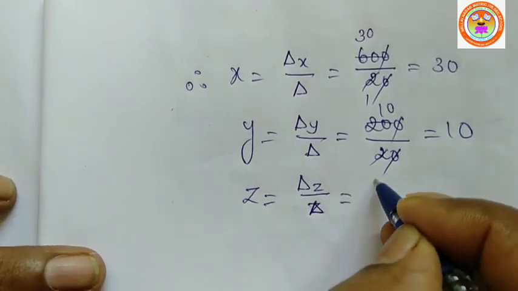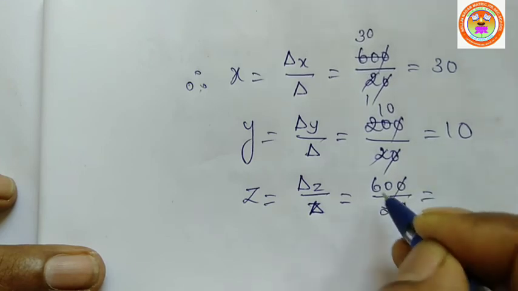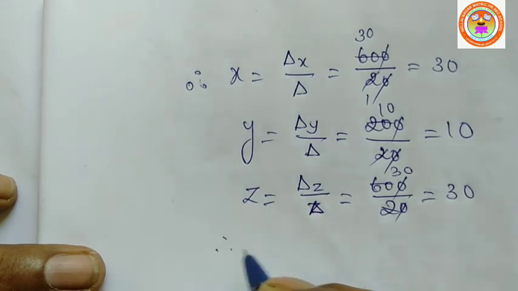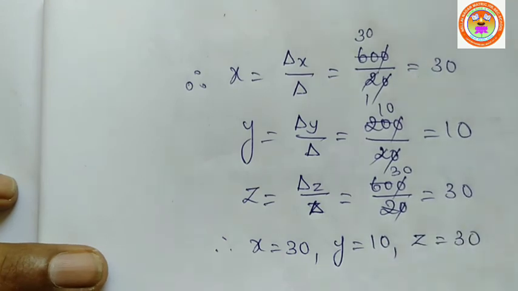Delta z value, that is 600 by 20. When we cancel, it is 30, right? Therefore, x is equal to 30, y is equal to 10 and z is equal to 30.